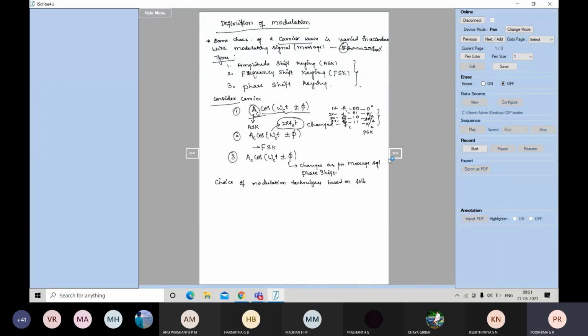Following parameters. Can anyone tell me what are the parameters which may be chosen as the reference for the modulation technique, whether to go for ASK, PSK or FSK?